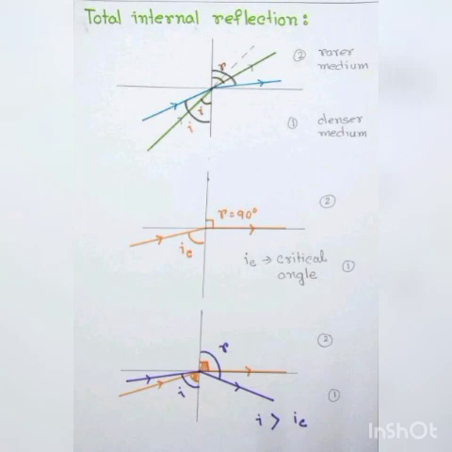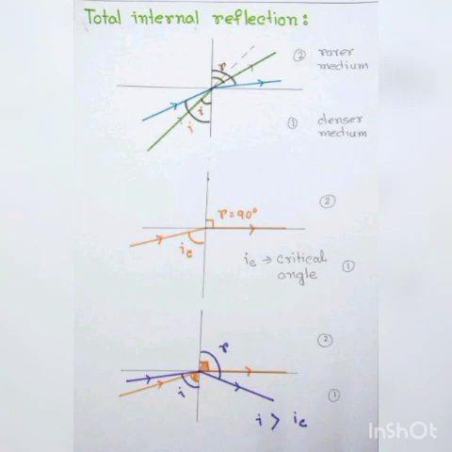But why is the term total internal reflection used? In reflection, a fraction of light is absorbed by the reflecting surface. But here, the total amount of light comes back to the first medium. Not a single part will be absorbed by the second medium.